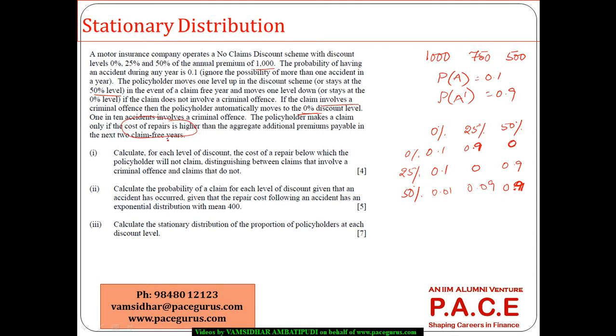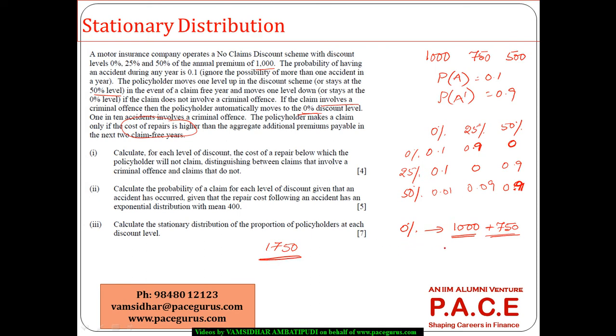So let's say if he is at 0%, in case he makes a claim, the worst case premiums in the next 2 years are 1000 in the next year, because he will be at 1000, and he will assume that he does not make a claim in the next year.